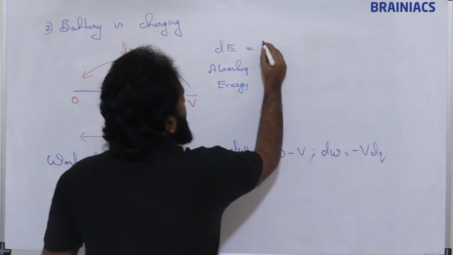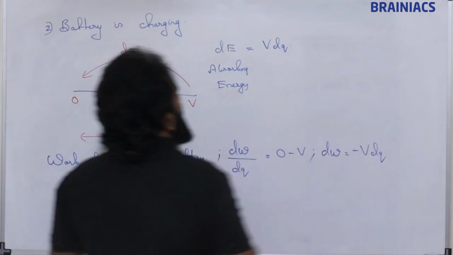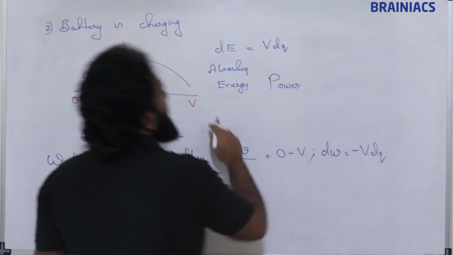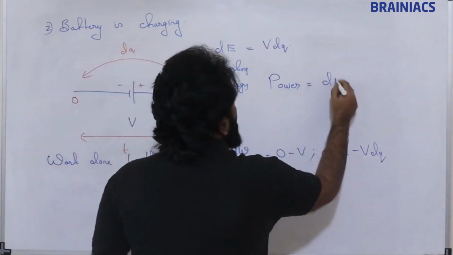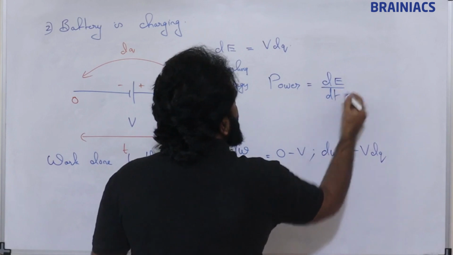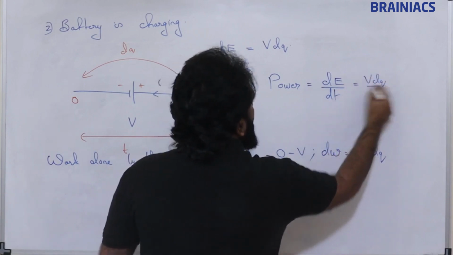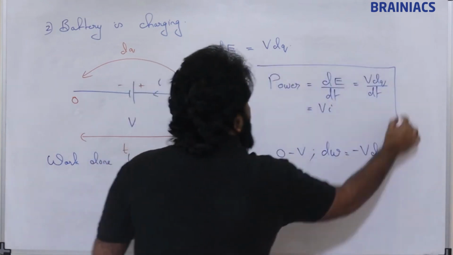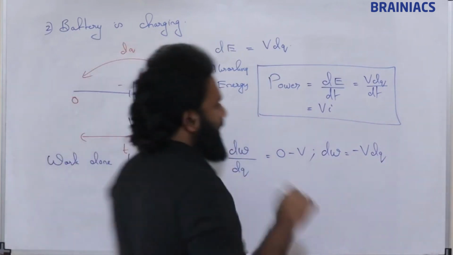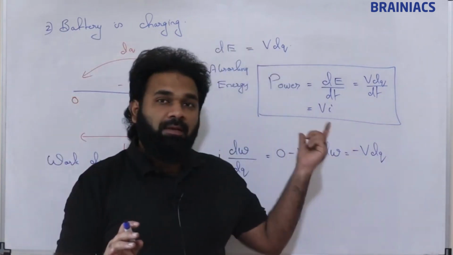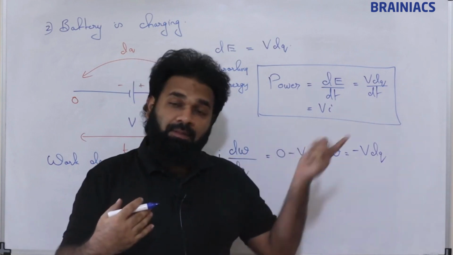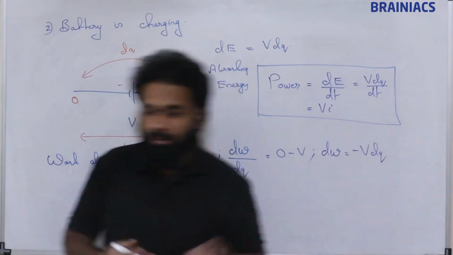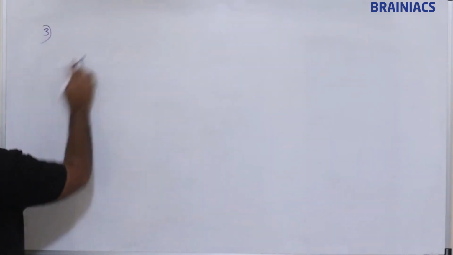Now power is the rate of energy, so this is dE by dt. V dq by dt will be V I. The same formula comes. The only difference is that here energy is absorbed, whereas in the previous case, when the battery is discharging, energy is released. Clear? Note it down.